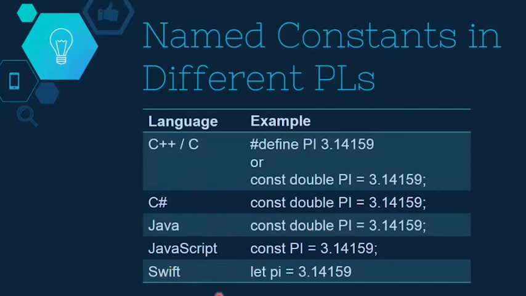Meanwhile, the Swift programming language, instead of the const keyword, uses the let keyword. You can just search how to define constants in different programming languages, but this is how they typically go about it: a keyword, the type, the name, and the literal or the value.